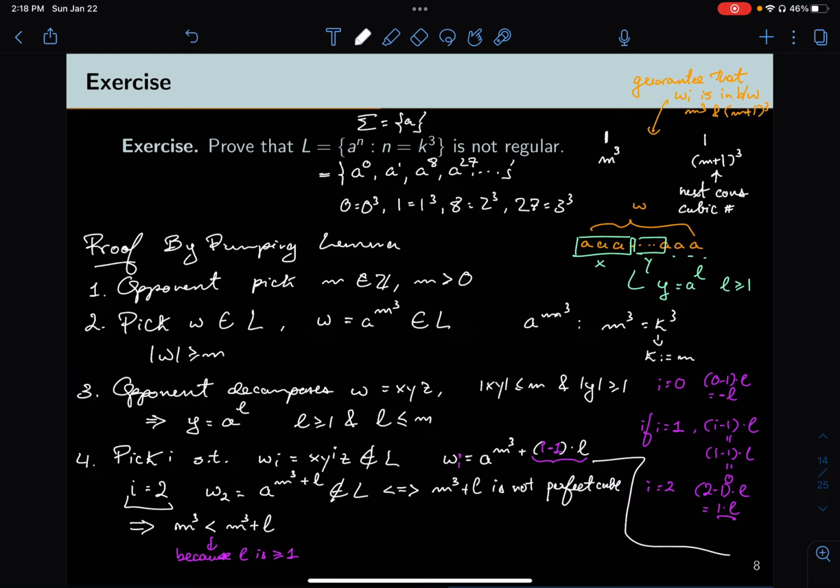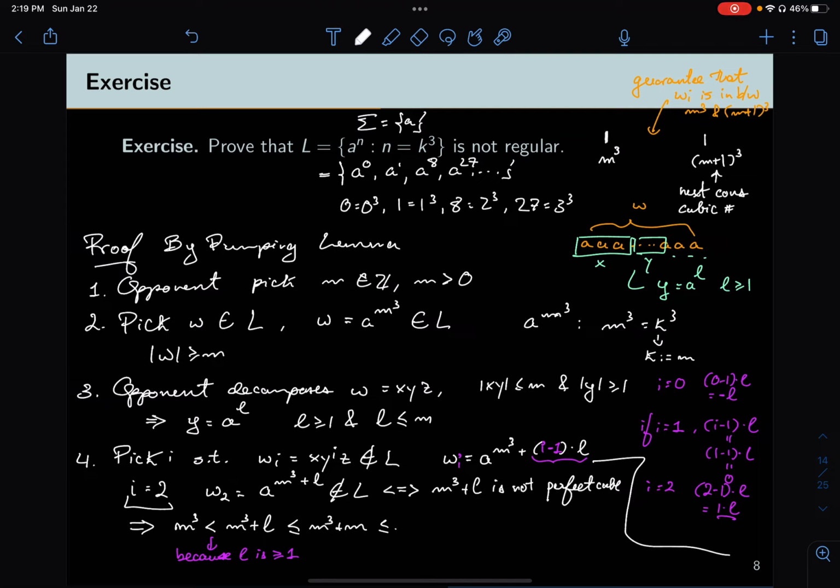And then I know that M cubed plus L is at most M cubed plus M, right? Because of this second inequality that I derived. And I know that just in general, if I have an integer M, then M is always less than or equal to 3 times itself, right?